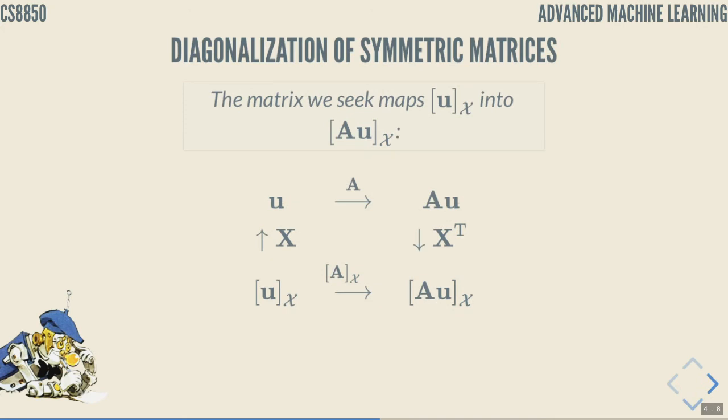So, diagonalization of symmetric matrices. The matrix we seek maps the representation of vector U in the eigenbasis of A into AU in A's eigenbasis.